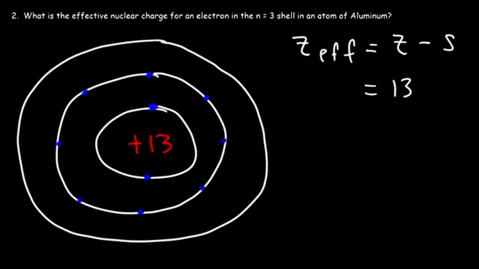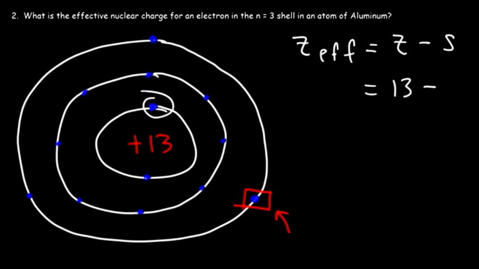So now let's put the last 3 electrons in the outermost energy level. So what is the effective nuclear charge for, let's say, this electron, which is in the 3rd energy level? So it's 13 minus S. So how many inner shell electrons do we have?